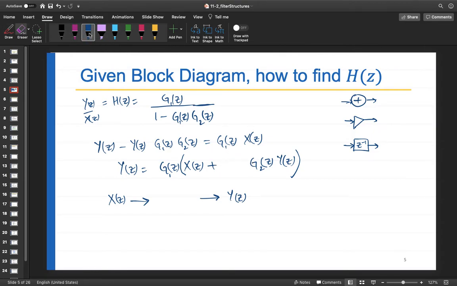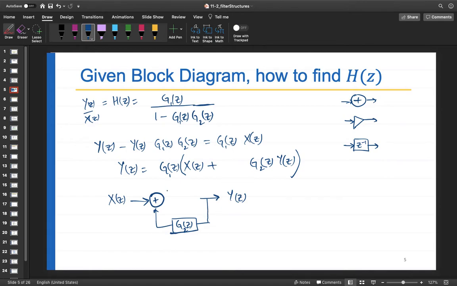So what does this show me? So in this one, basically I have X(z) plus G2(z) Y(z) coming here and getting added, right?